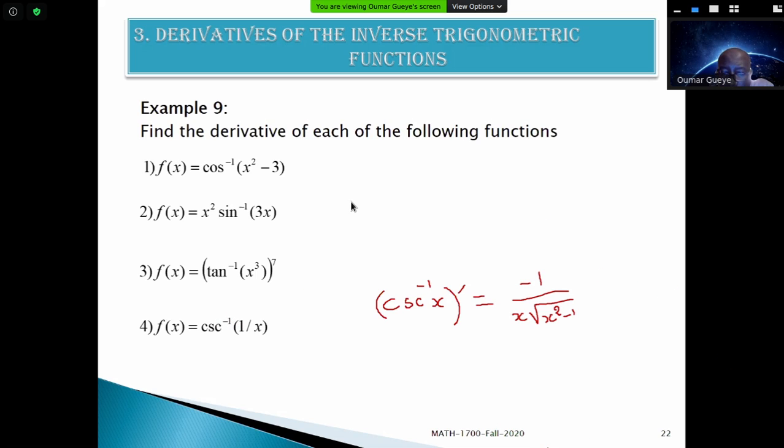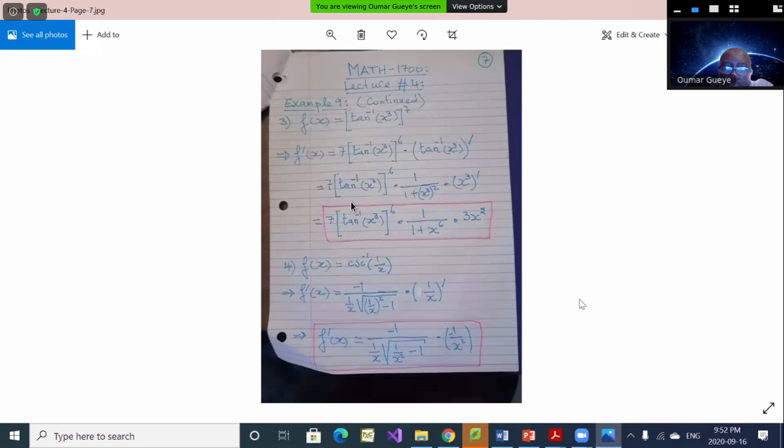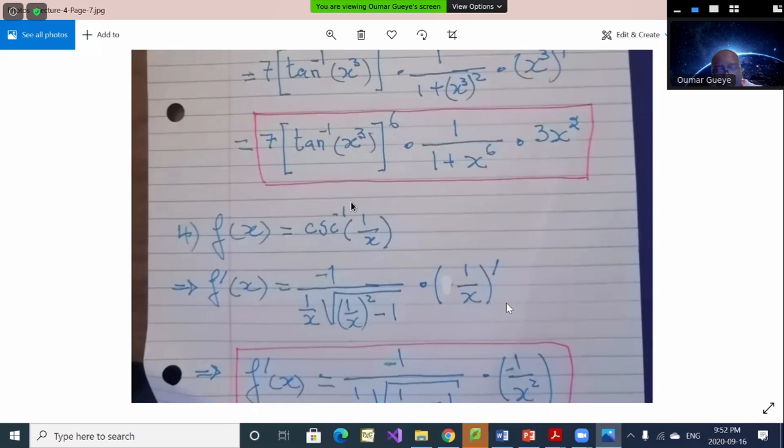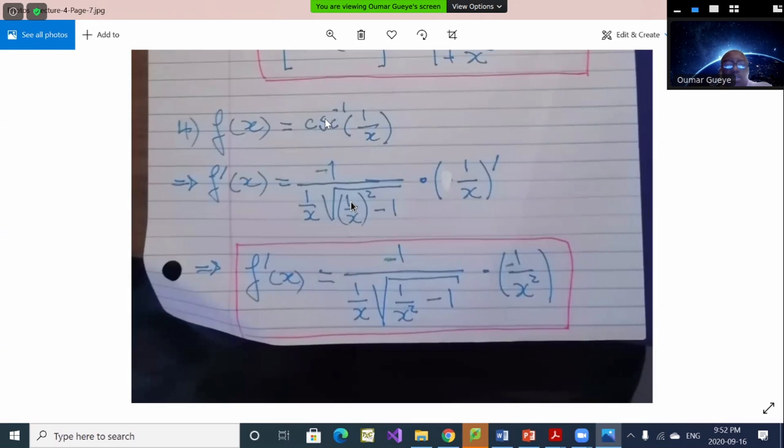Okay, so back to the solution. You can see here, applying what I said. f of x equal to cosecant inverse of 1 over x. You apply the formula as I told you. It's going to be -1.